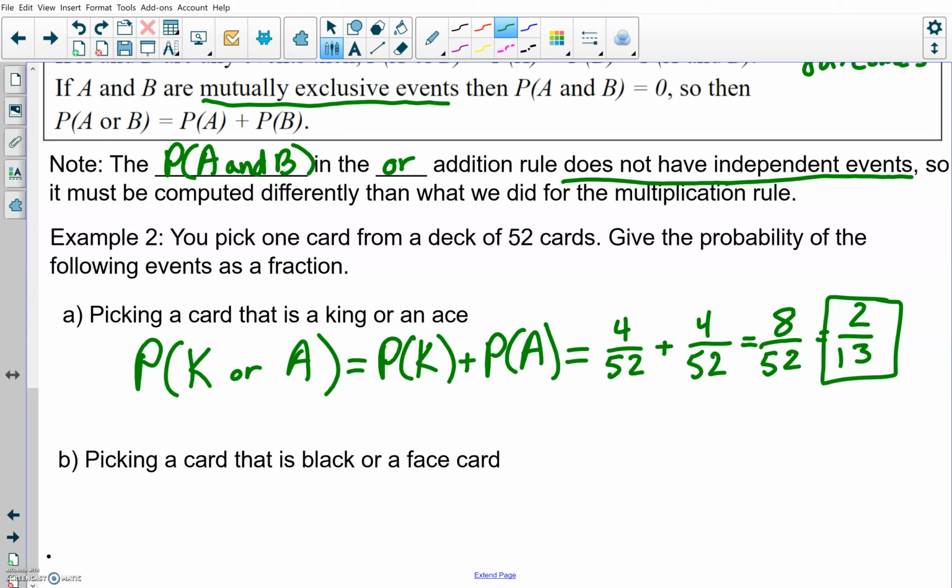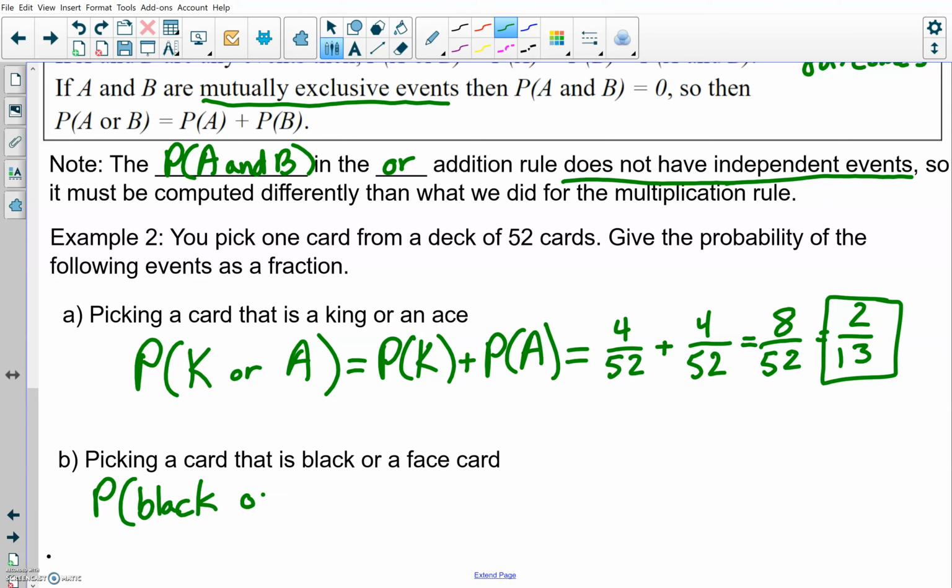So black cards and face cards in a deck of cards are not mutually exclusive. There are common outcomes to both the black card event and the face card event. So let's go ahead and write this out with that understanding in play.